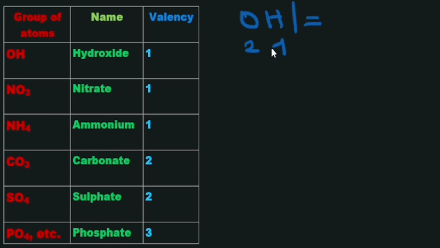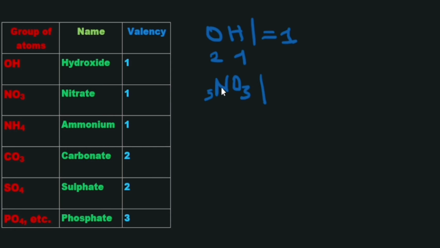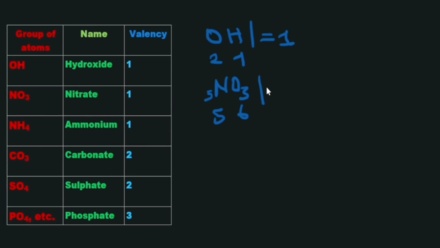So in this case, 2 take away 1 is 1. For NO3, we will consider 5 for nitrogen. Now, for oxygen, we know that it is 2. 2 times 3 is 6. So 6 take away 5 is equals to 1.